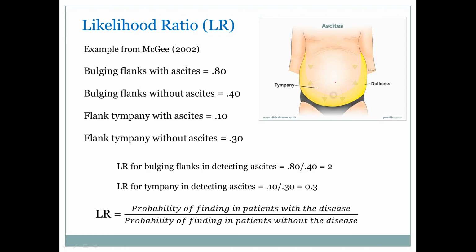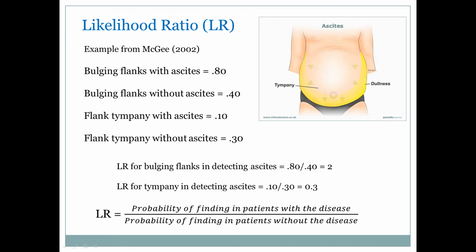Gas might just be gas, no big deal, but if they're retaining water in there, then that might be a problem. So we know that among patients with abdominal distension who undergo the ultrasound, the physical sign of bulging flanks is present in 80% of them who have confirmed ascites.